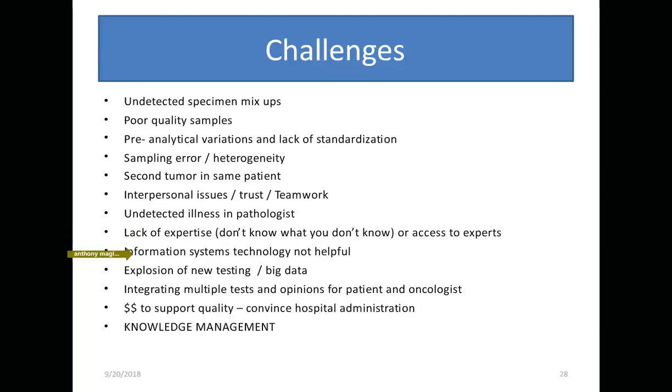Information systems. We really, really need help from the information systems to make quality centric and to have systems that support quality programs. The explosion in new testing. Pathologists are central to this, and we need to take ownership of this. Over the last 4 years, there's been a dramatic explosion in clinical trials around immunotherapy.